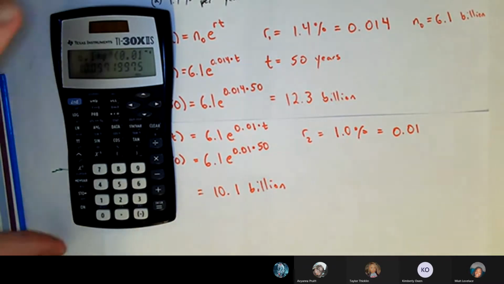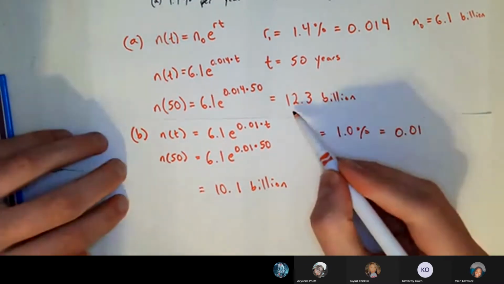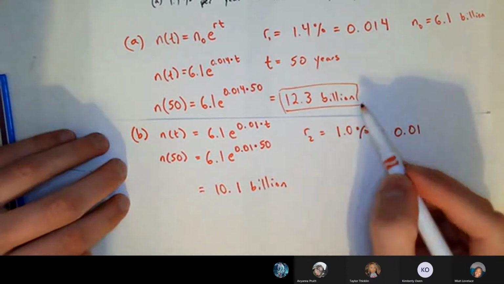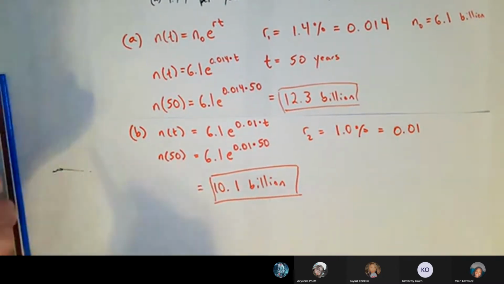So this is all we were asked to do, just to calculate each population based off of the two different rates, the two different relative rates of growth per year.